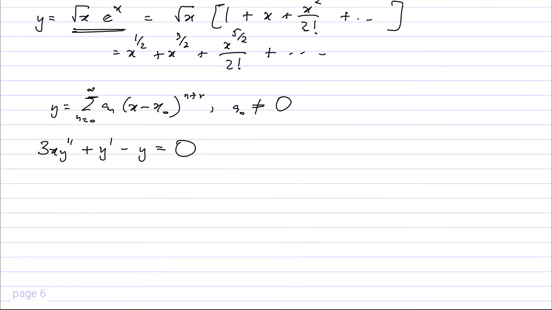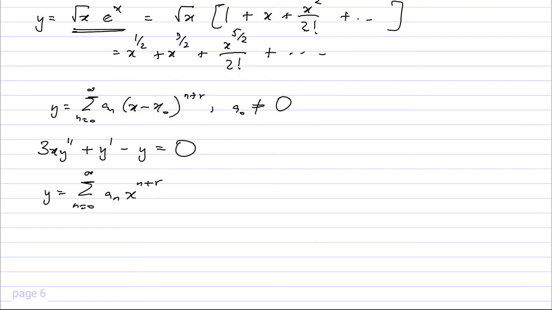So we assume that you have a solution of this form. Remember that you are guaranteed that there's at least one solution of this form. x equal to 0 is a regular singular point, so I look for an expansion about that point of this form.